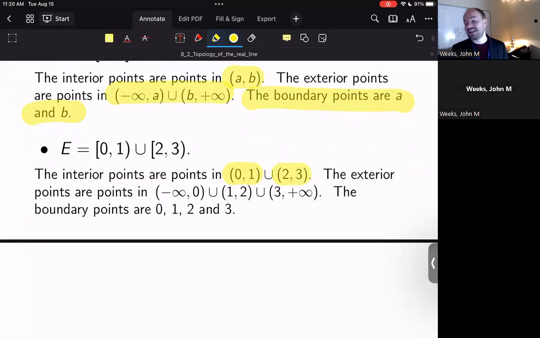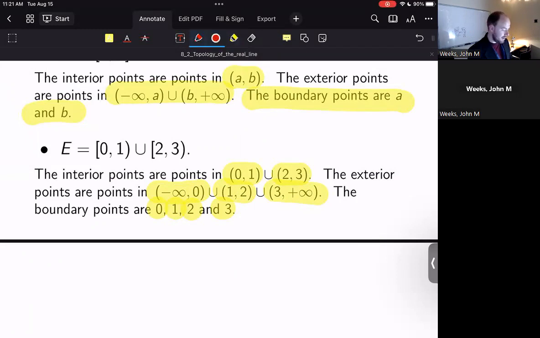That's an interesting point that maybe we'll get to talk about in a little bit. The exterior points also form open intervals, and these stretch far beyond where the points are. Notice they do not include 1 and 3. Even though 1 and 3 are outside of the set E, they are not exterior points. Instead, they are boundary points, as are 0 and 2. So this is another good example.